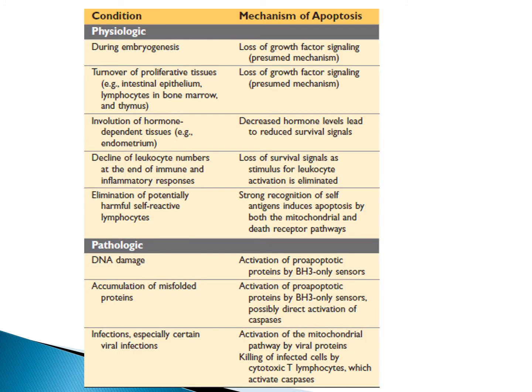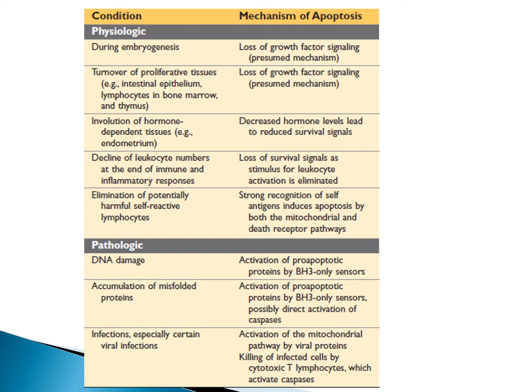So look at this table here. It summarizes some of the different conditions or different causes of physiologic and pathologic cell death with the mechanism of apoptosis that is used. We will discuss mechanisms in the next slides.